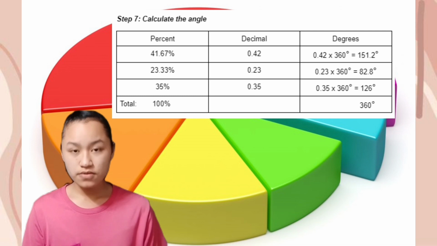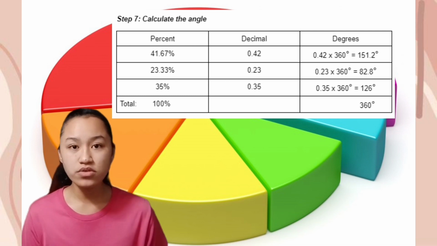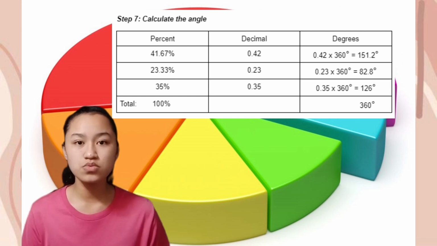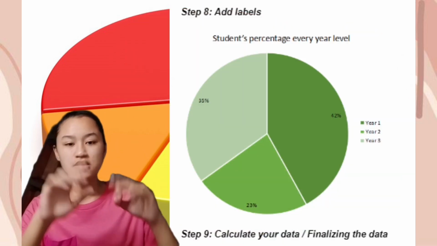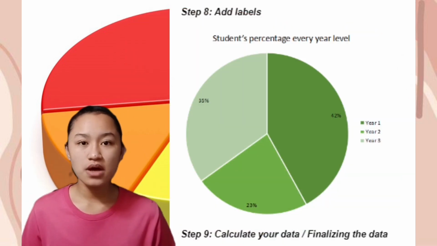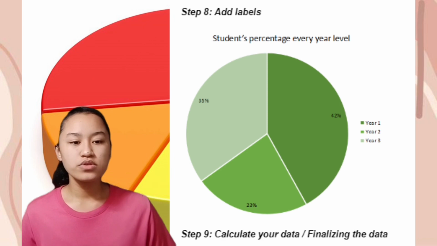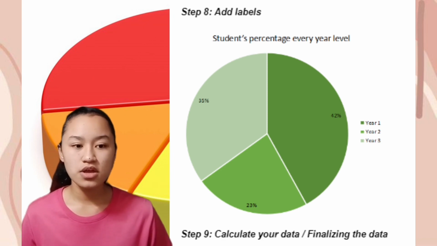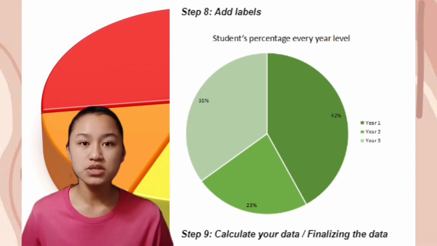We now got the final answer, which is 151.2 degrees. Step 8. Now that our computation is accurate and complete, we will add it in our pie chart and finalize it. After that, you are done and ready to share your pie chart.